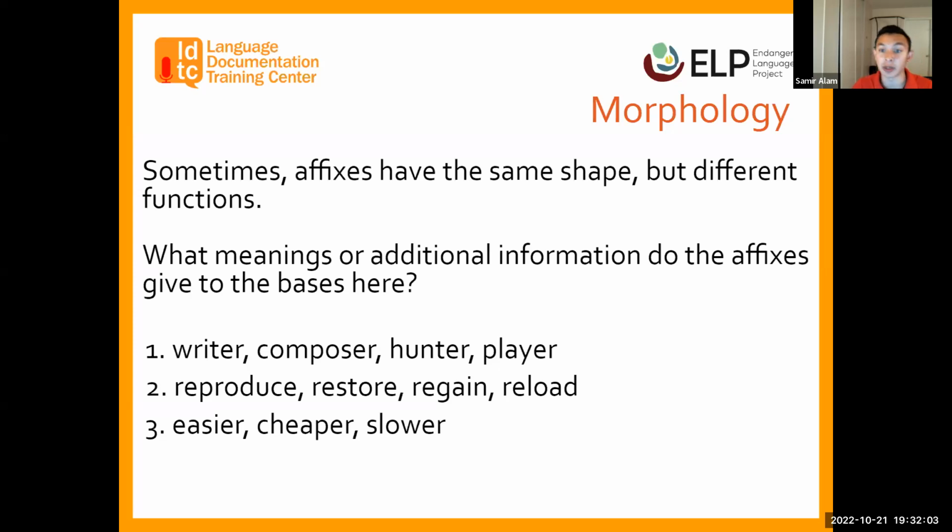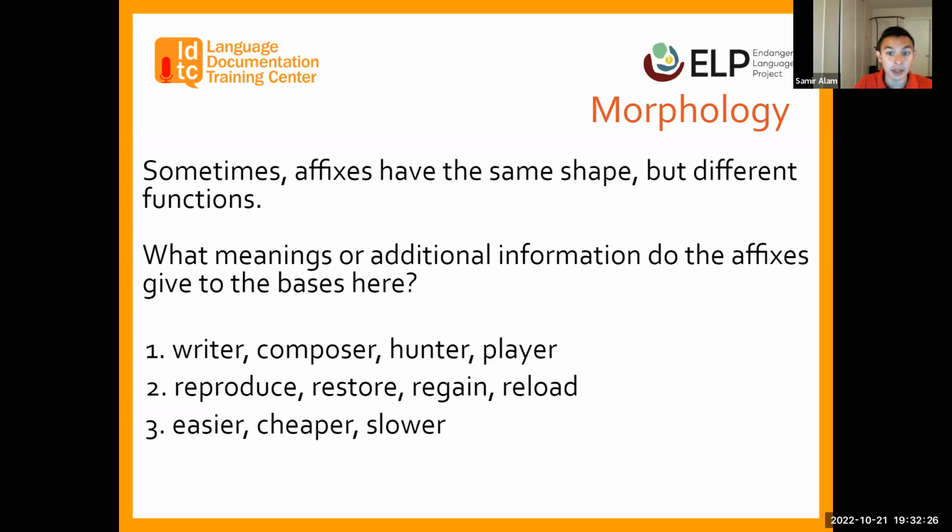Reproduce doesn't mean somebody who produces. In fact, it's still a verb, and it has a different function. So reproduce means to produce again. Restore means to make something be there again, right? So to store it again in a sense. Gain, regain is to gain again, and load, reload means to load again.